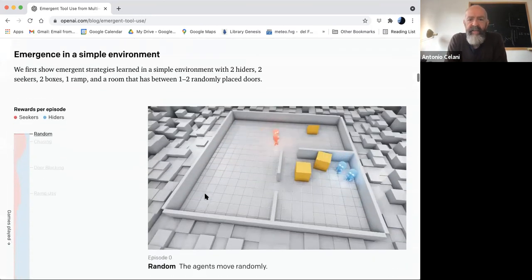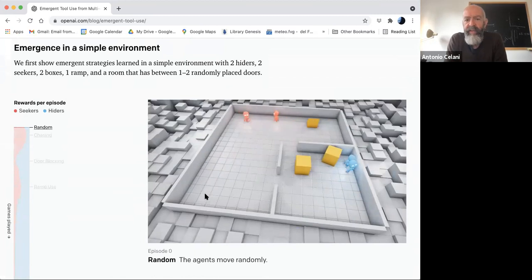So at the beginning, actions start out randomly, and you see that these agents are doing whatever. They're bumping around objects, and the seekers here are trying to locate the hiders, but they do that at random, so they try to grab them independently of the distance where they are, so it's a mess.